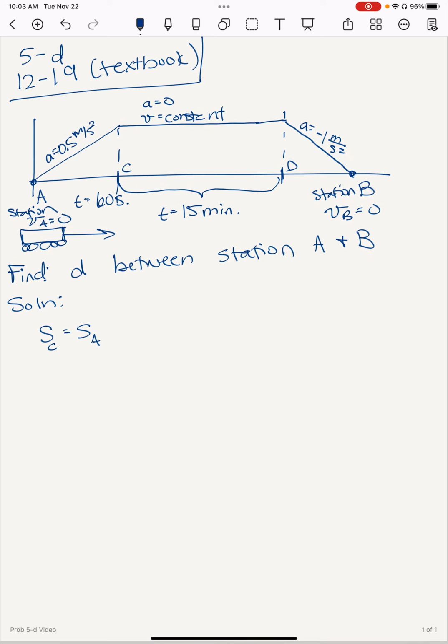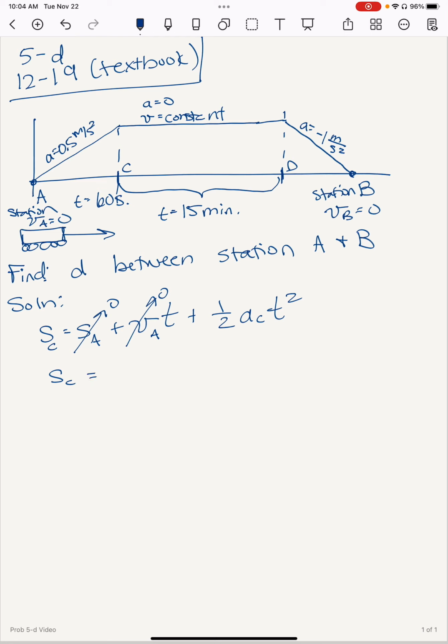So the position at C equals the position at A plus the velocity at A times time plus 1/2 times the constant acceleration times time squared. The initial velocity is 0, and the position at A, we're just going to call that 0.